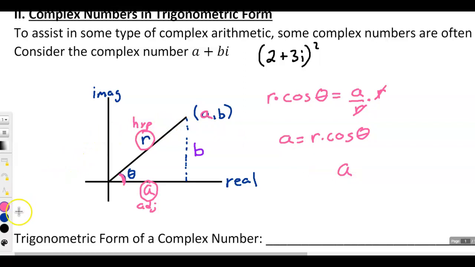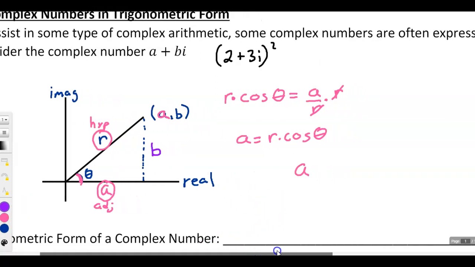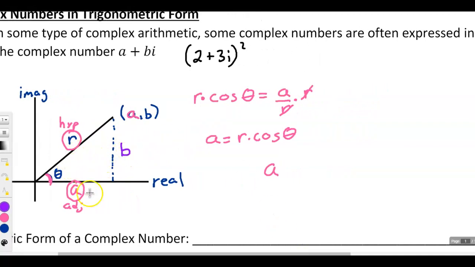Okay? Now, what do you suppose we would do for b? What would b equal? Well, with reference to this angle, b is the opposite. So why not use opposite over hypotenuse? What trig function would that be? All together now?